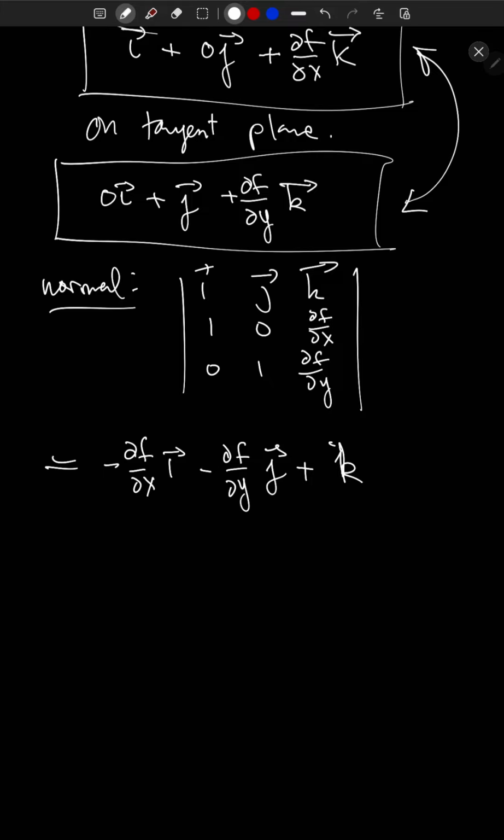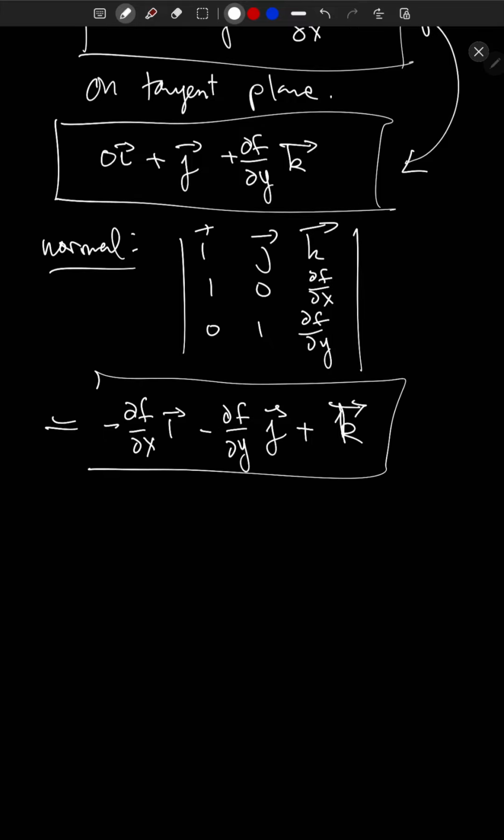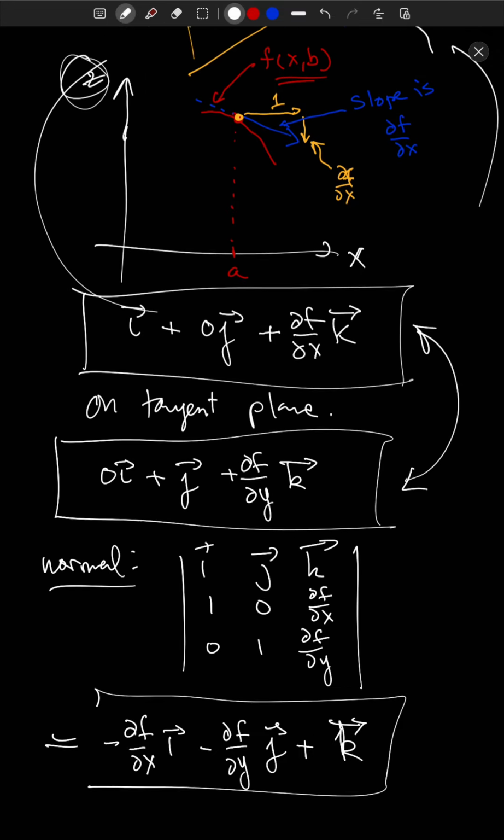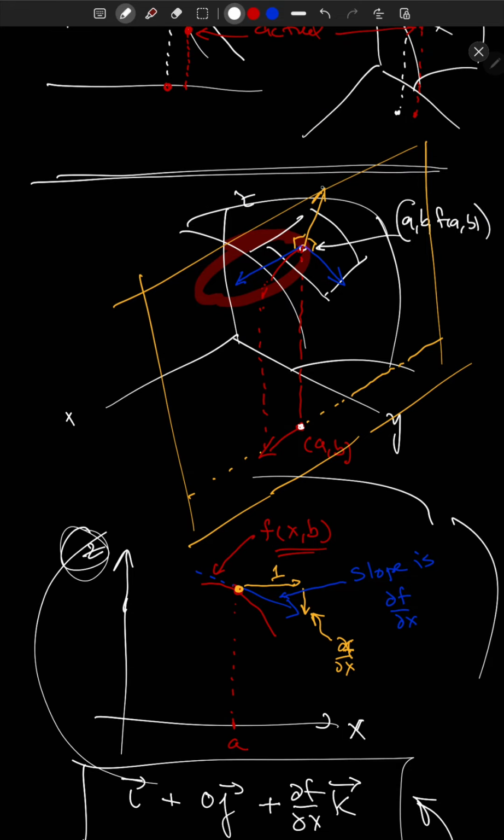Let me just write plus k. Okay. Once we've got the normal to the plane, that is the equation of this normal right there.